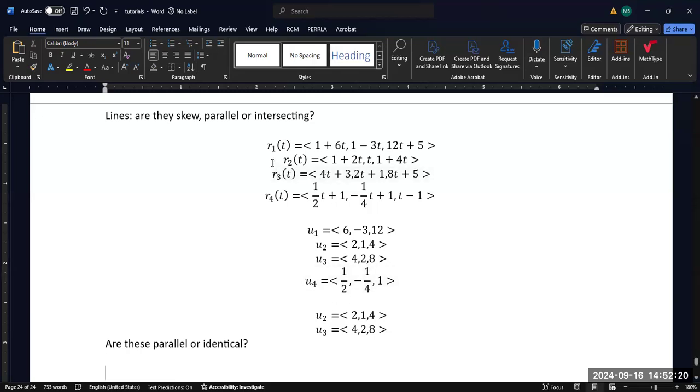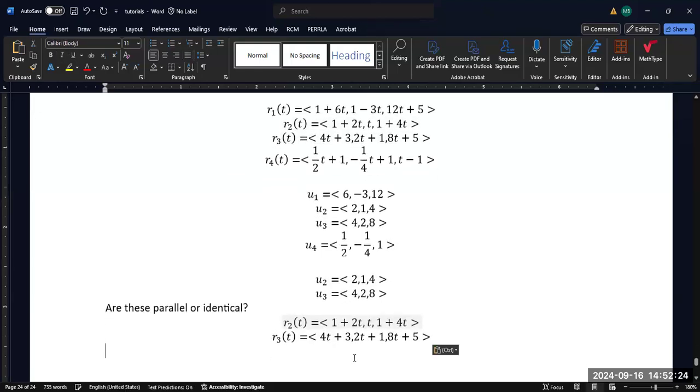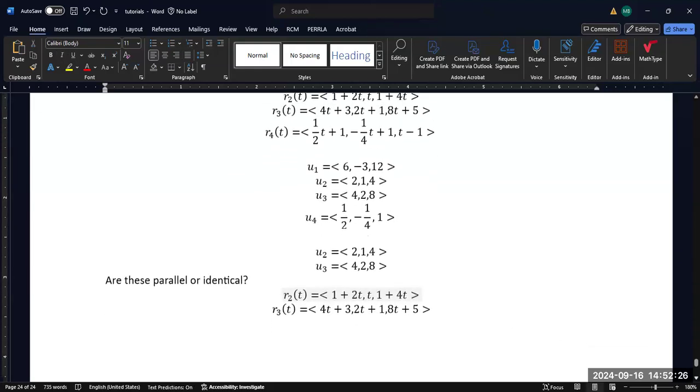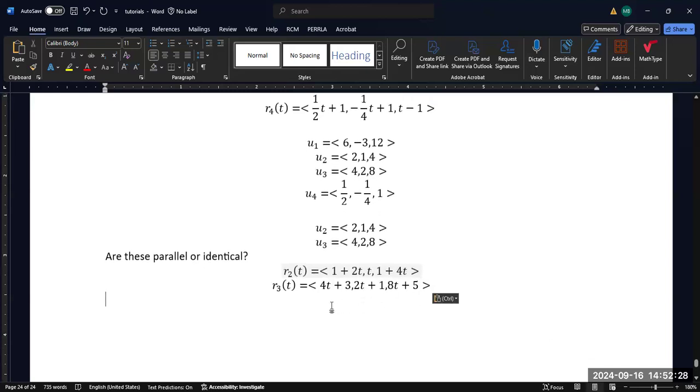So the way we're going to figure that out is we're going to find out if they actually intersect at the same point. Now, typically the way that you would do this is you would find out if they share any values. You would set one equal to the t parameter, you would use s in the other one, and then you would start setting your coordinates equal to each other to find out if they're actually parallel or not.